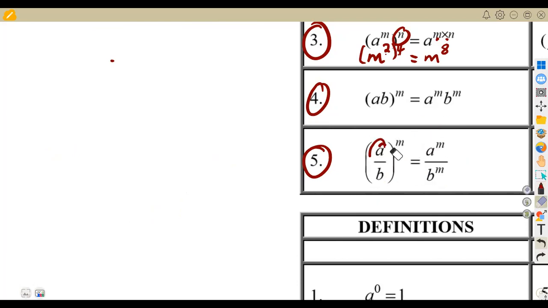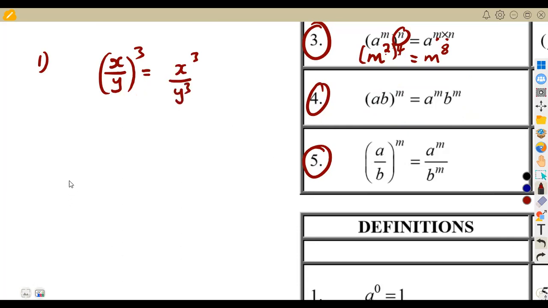That is, we are simply talking about the same situation as this one. So if I'm given x over y like this to the exponent of 3, just because it's a 1, I'm just going to write as it is: x being raised to the exponent of 3, also y being raised to the exponent of 3.